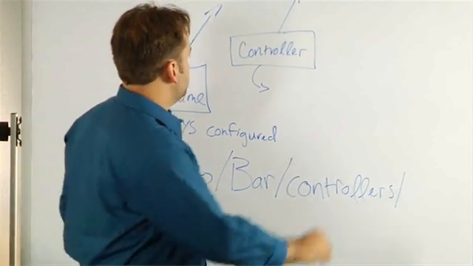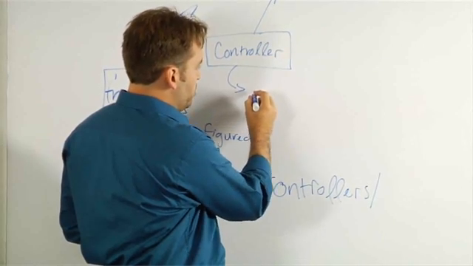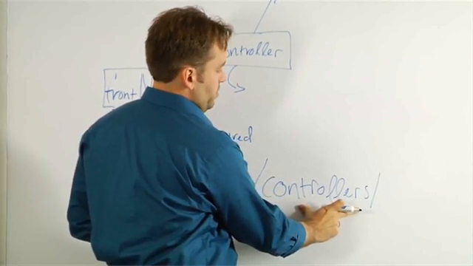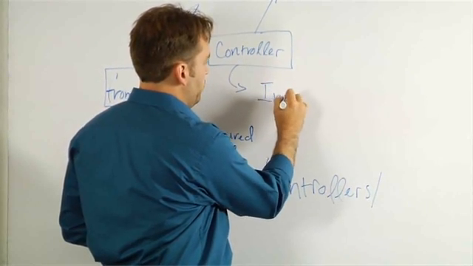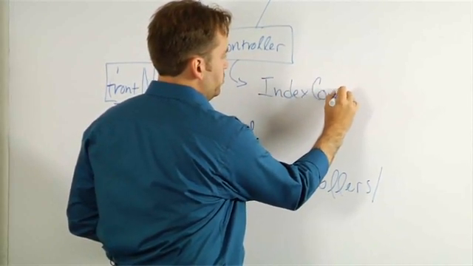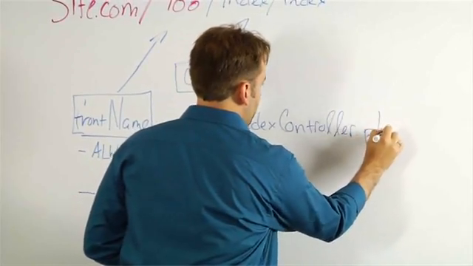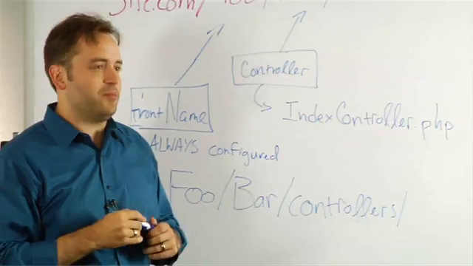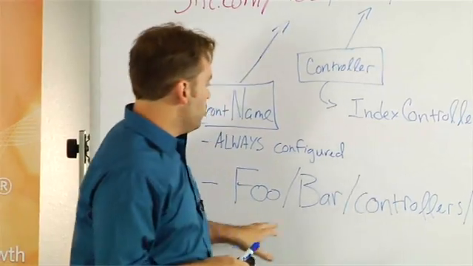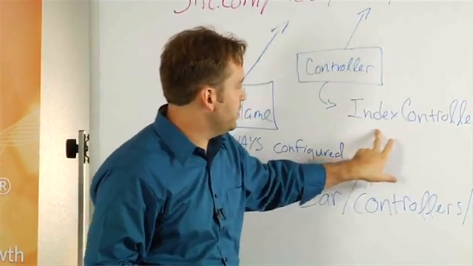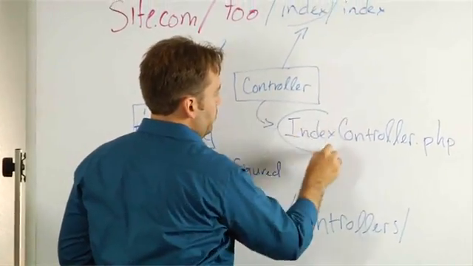So, my controller is just a file that'll be found after this. For example, in this case, we have index controller. And this is simply how your files are named for controller files. So, foobar controllers index would mean indexcontroller.php. So this here matches up with that.